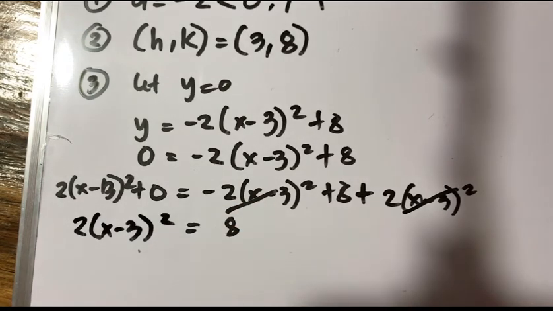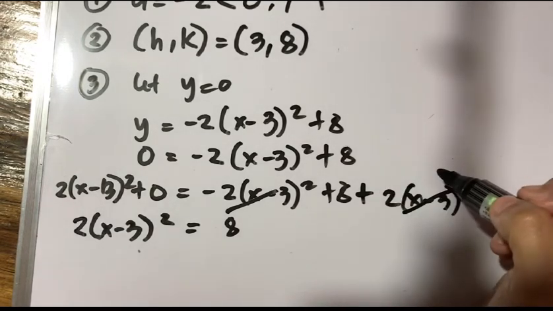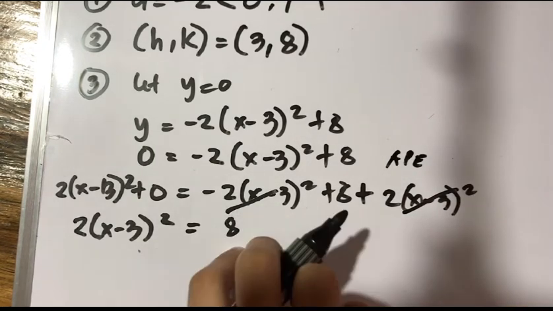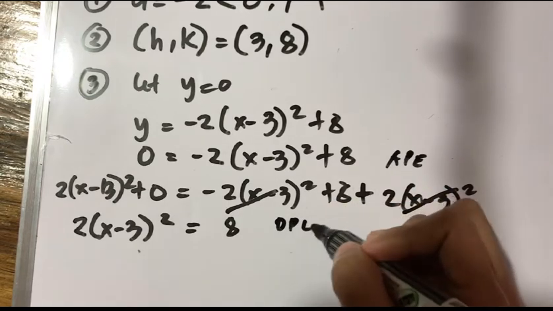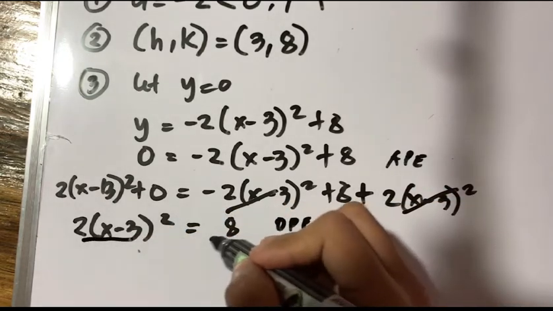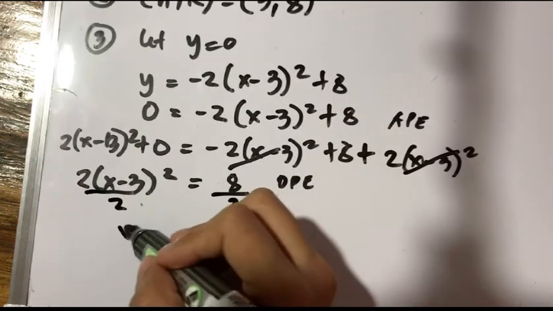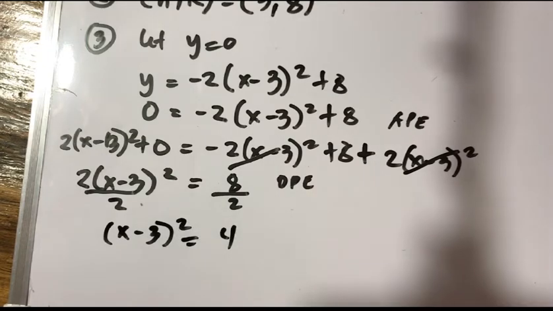Remember the properties of equalities? So, we used the addition property of equality, and in this particular equation, we could use the division property of equality, in which we are going to divide both sides by 2. Now, we're left with x minus 3 squared, which is equal to 4.